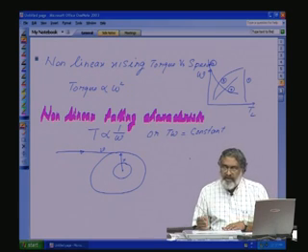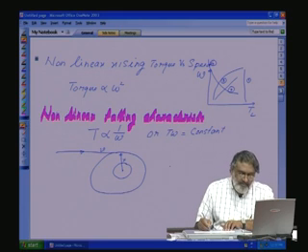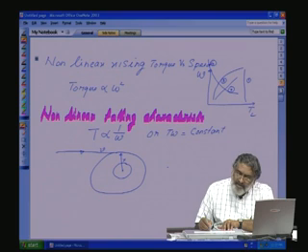So what torque speed characteristic does it show? Now, what is the speed of rotation?